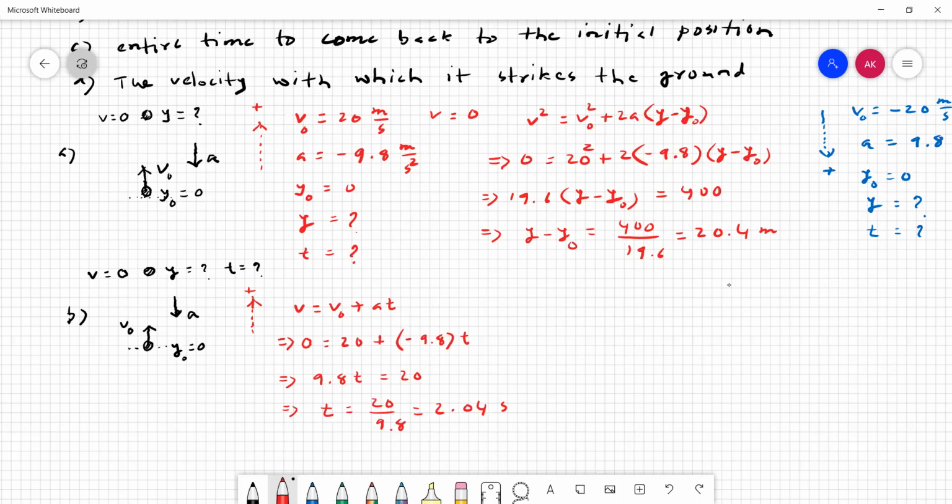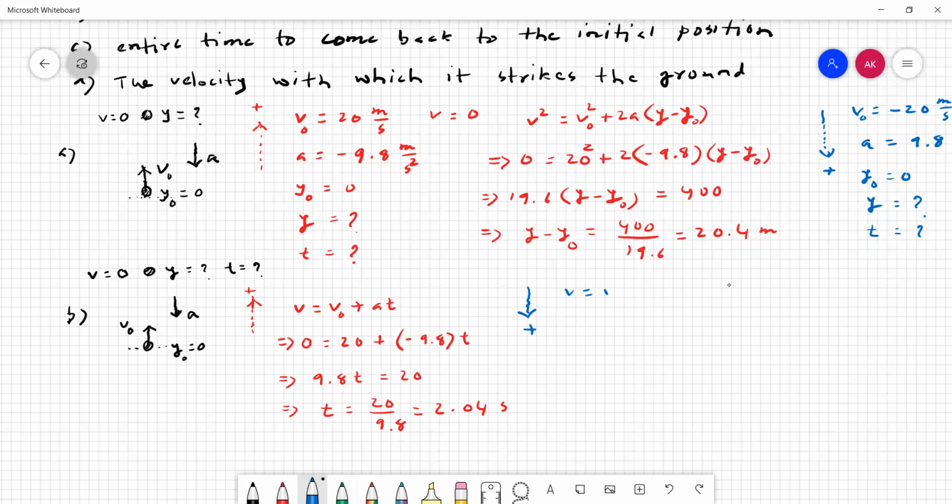You can try using your coordinate axis in the downward direction, but in that case, V naught will be negative 20 and A will be plus 9.8. Let's just try that one. It will give you something interesting. So suppose I use downward as positive.